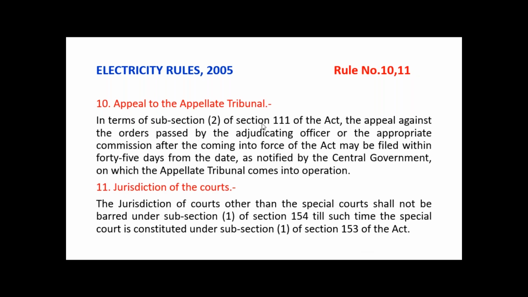Then rule number 10 is related to the appeal to the appellate tribunal. We have already discussed in the Electricity Act 2003, with reference to section 111 and subsection 2, that the license holder, the consumer or other persons can appeal against the order passed by the adjudicating officers or the appropriate commissions. So we can go for the appeal with reference to rule number 10. And the jurisdiction of the special court is related to rule number 11.